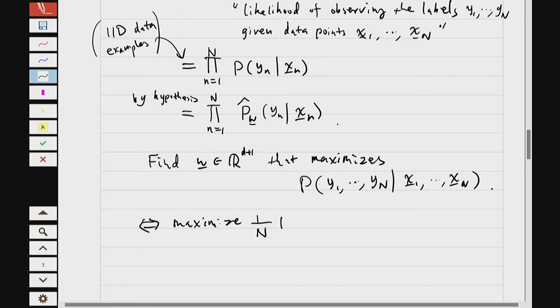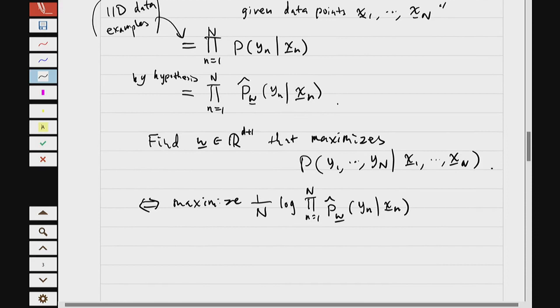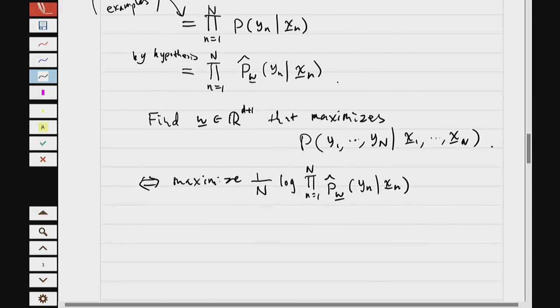First of all, I can put a constant in front, which doesn't hurt. And then we'll take a log of that product. That doesn't hurt either. The log function is a monotonic function, right? I just copy this directly without any change, just adding the log in front and a constant in front. This is okay, right? Same as before.